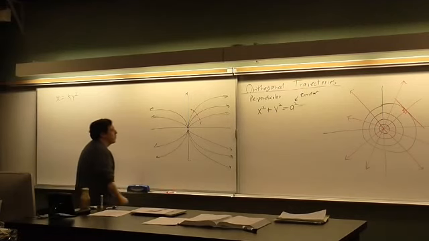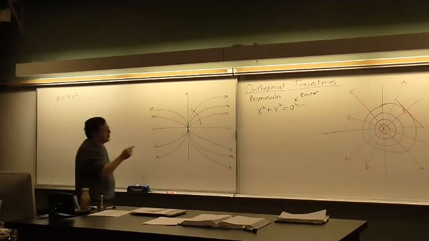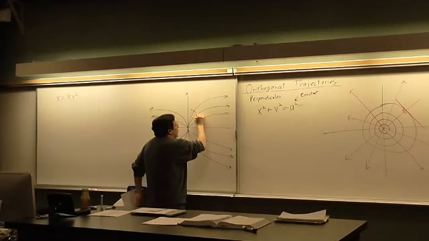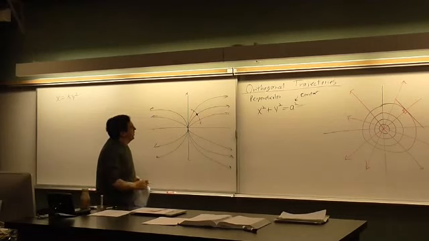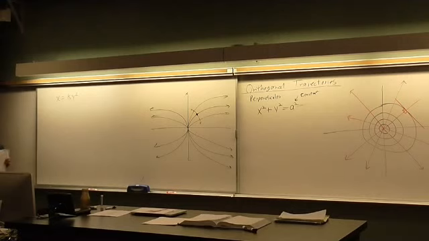Okay. Well, when we say perpendicular, of course, none of these are straight lines, right? So we want the tangent at this point to be perpendicular to the tangent at this point. So how do we find the slope?